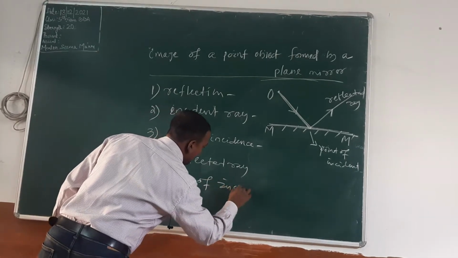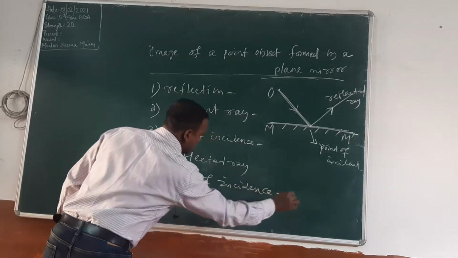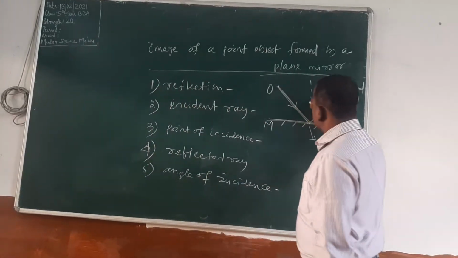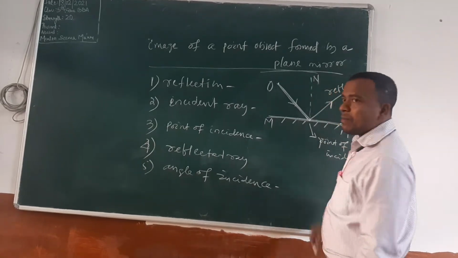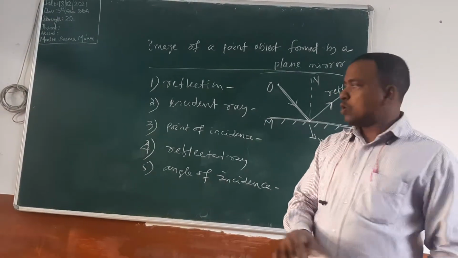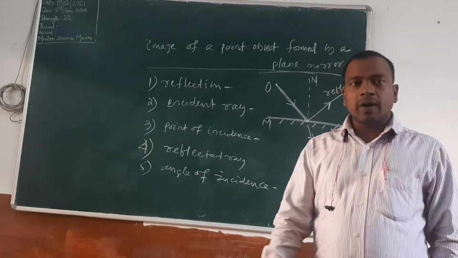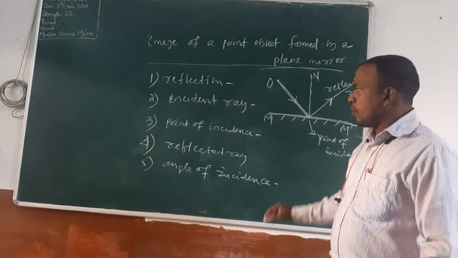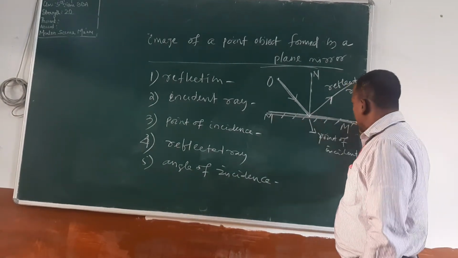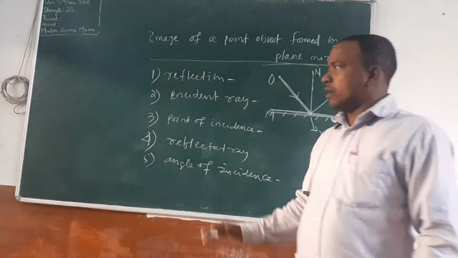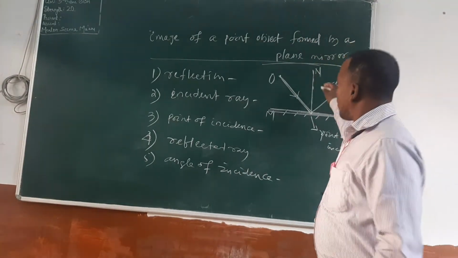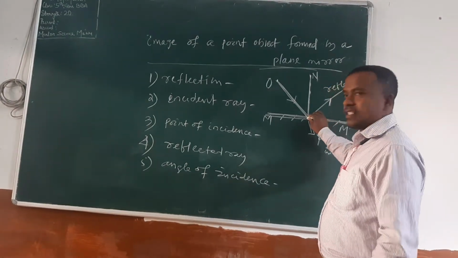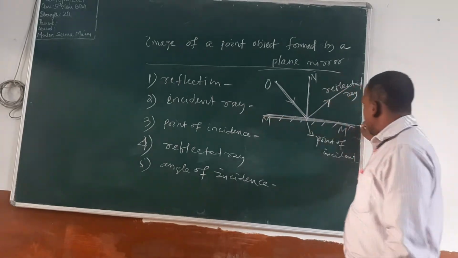Next is the angle of incidence. Suppose this is the normal. Normal is the perpendicular drawn at the point of incidence to the reflecting surface.